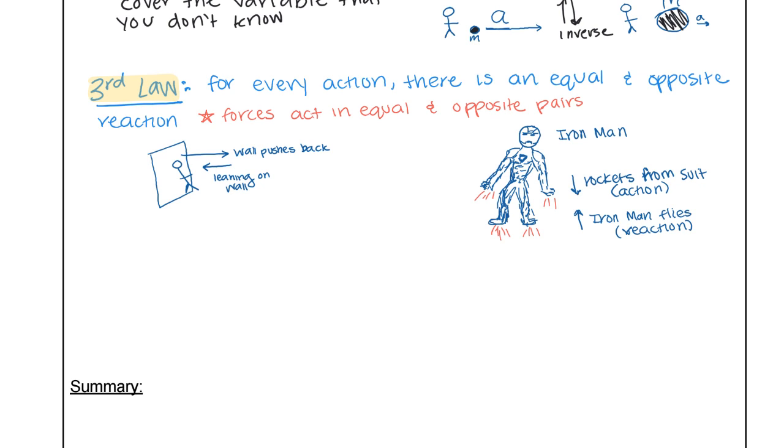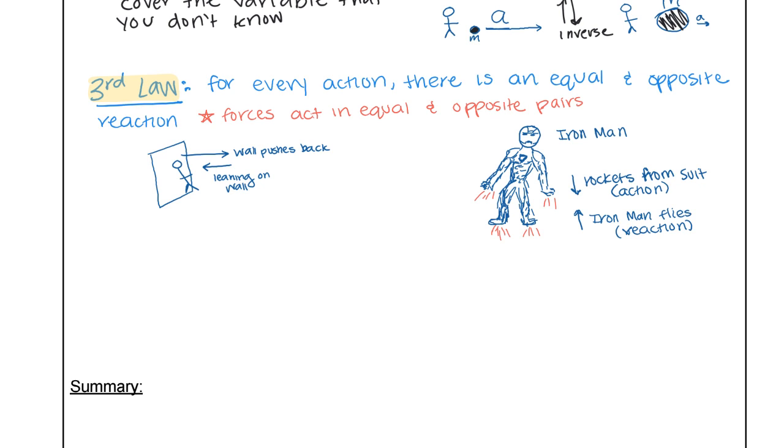You place a box down on a table. Here's your box, right? That box is exerting its weight force, its force of gravity on the table. The only reason why it is not falling through the table is that table is exerting a force, an equal and opposite reaction to that box's weight force.